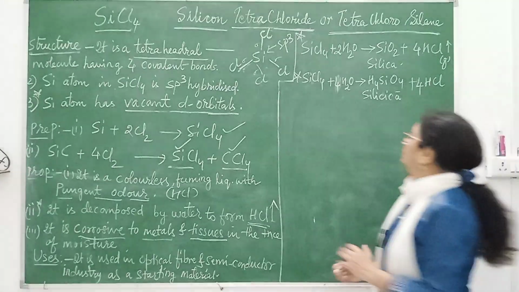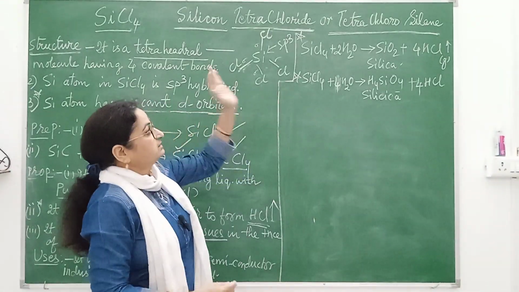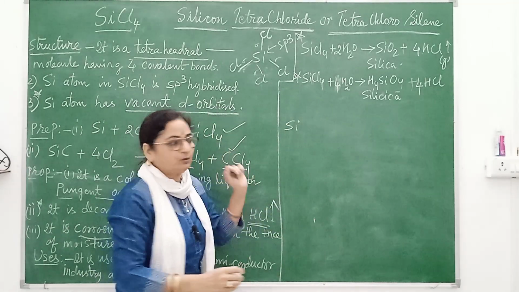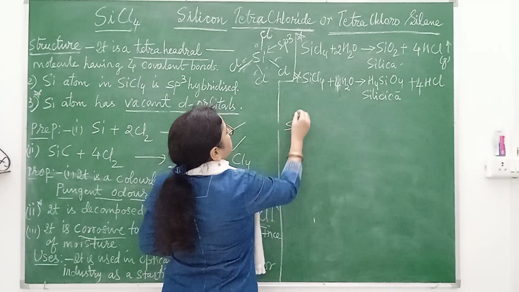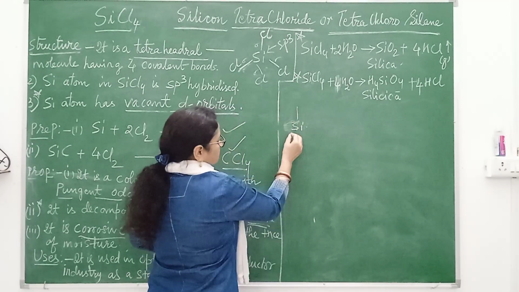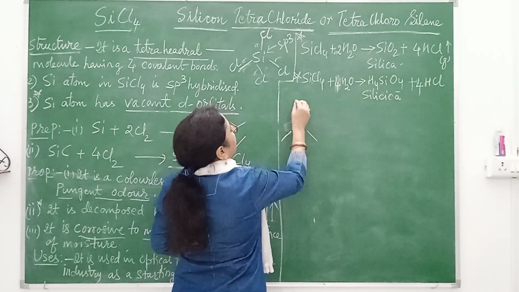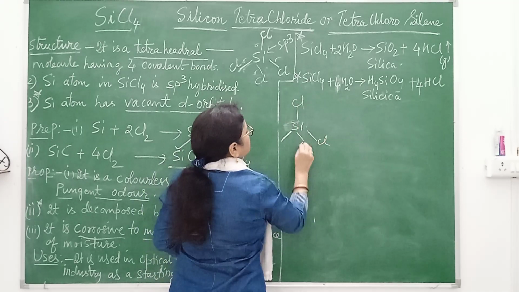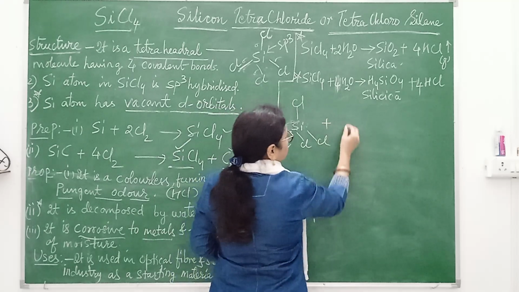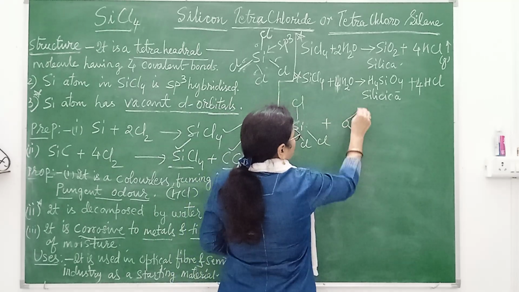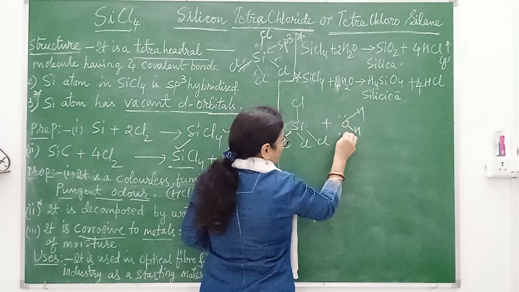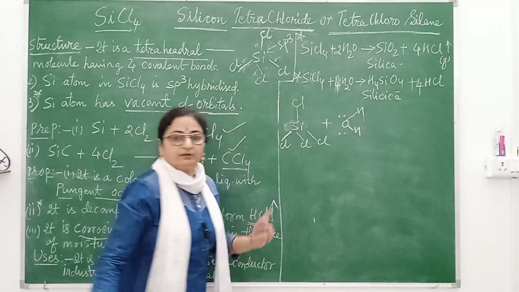So let's see how we can write the reaction. Now students, focus here because this is a very important equation. We know valency of silicon is 4. So write silicon in the center, 1, 2, 3, 4. And 4 valencies are satisfied by Cl. Now when silicon tetrachloride is reacted with water, we know water contains oxygen atom and this oxygen atom has 2 lone pairs of electrons.